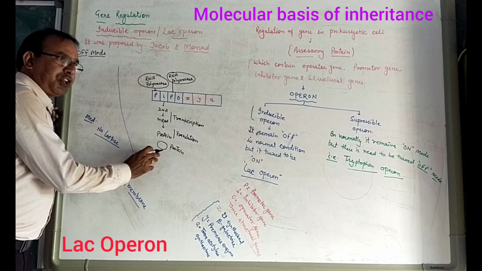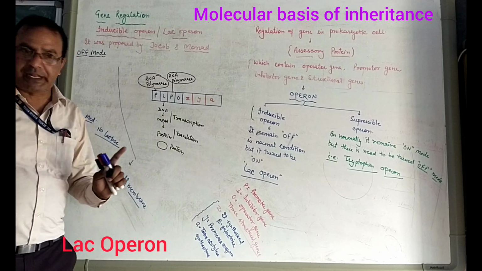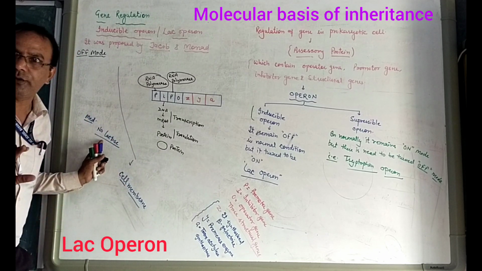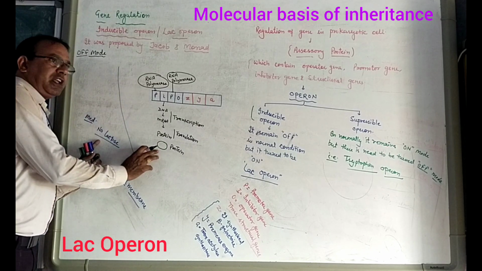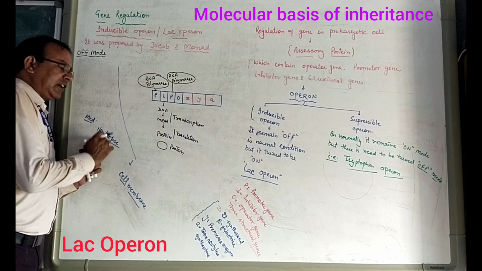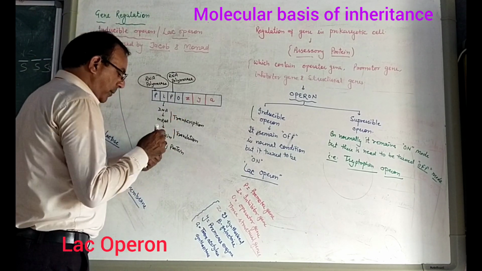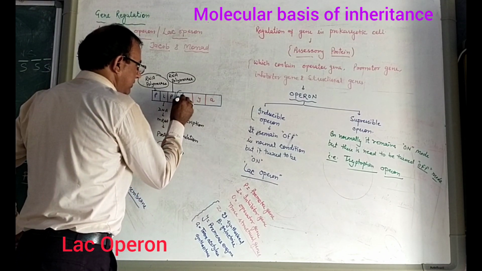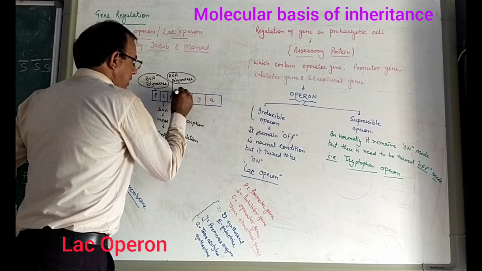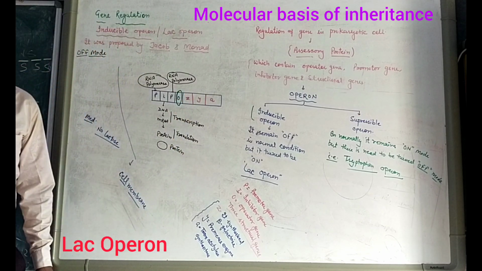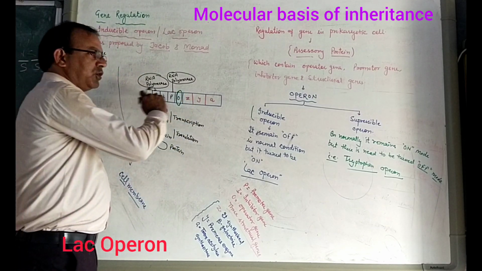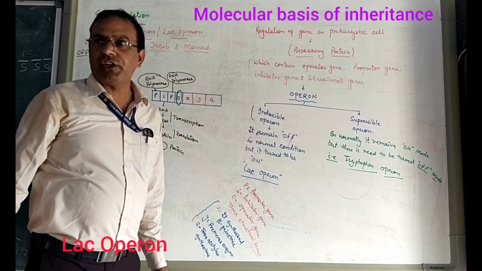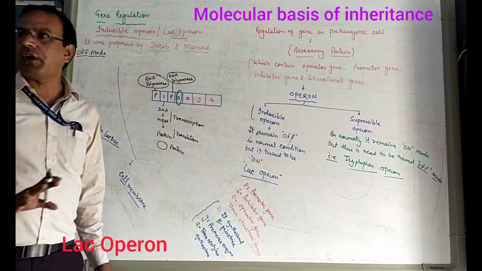And this protein, if there is no lactose present, because we have seen that there is no lactose, binds with the operator gene in the absence of lactose. As it binds with the operator gene, the process of regulation or translation stops.